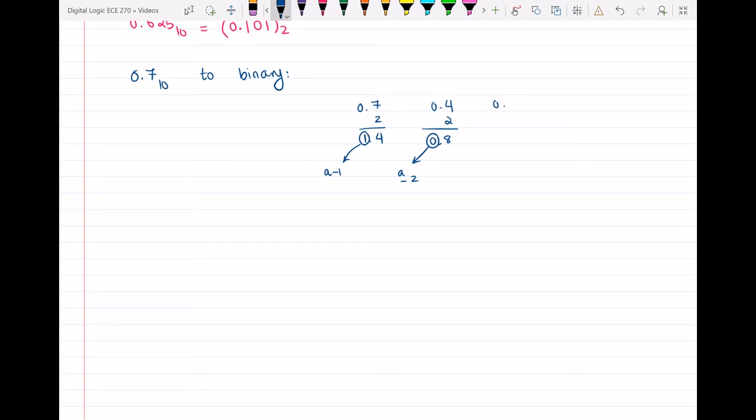And then again 0.8 multiplied by 2, 1.6. 0.6 multiplied by 2, 1.2. This one is my a minus 4. And then 0.2 multiplied by 2 is 0.4. So that will be my a minus 5.